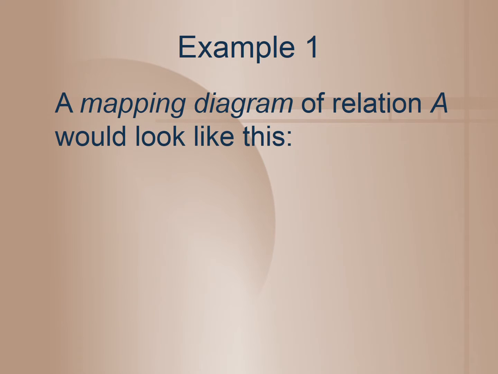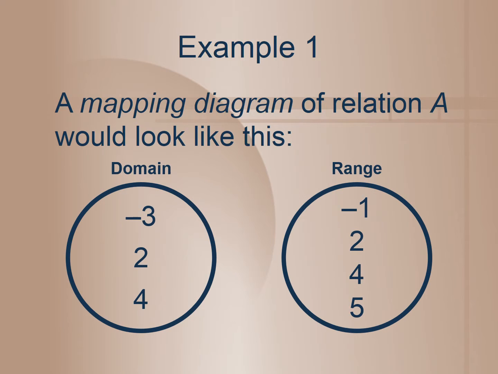A mapping diagram is another way to represent a relation. A mapping diagram is going to have all of the domain numbers in one circle, and then all of the range values, or the y values, in the second circle. And they're going to be listed from least to greatest from the top to the bottom. And then you're going to draw an arrow from the domain to the range.